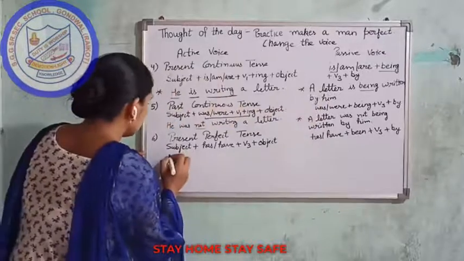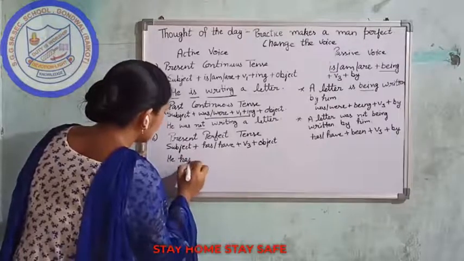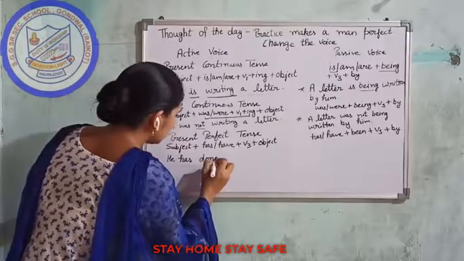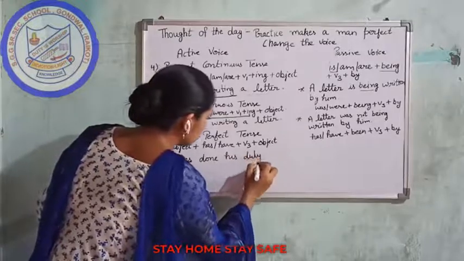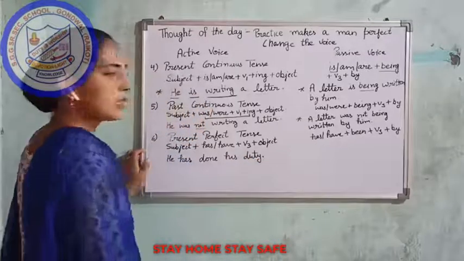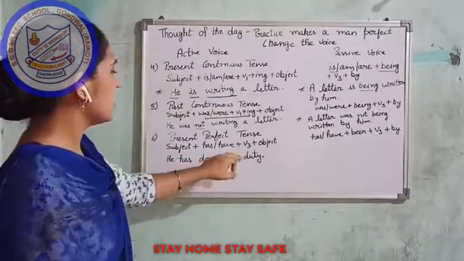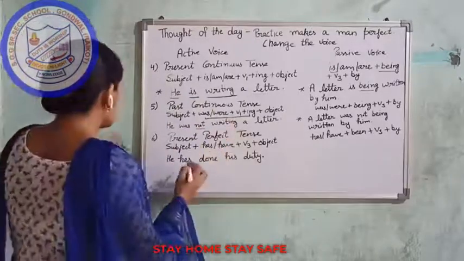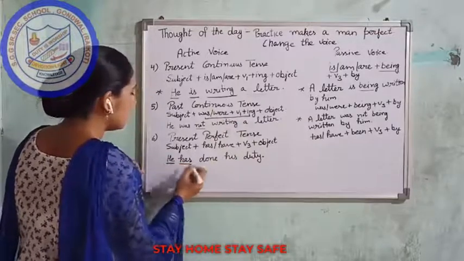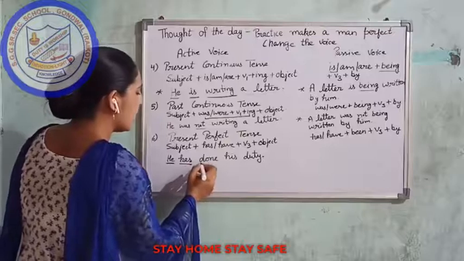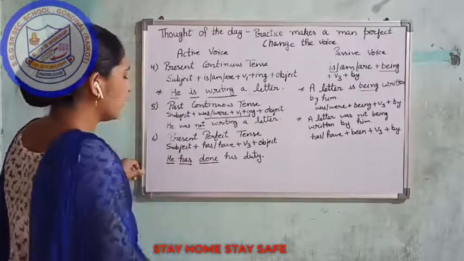Here is the example. He has done his duty. Is it clear, students? He has done his duty. Here is helping verb has because he is singular, and with has I make use of done, B3.